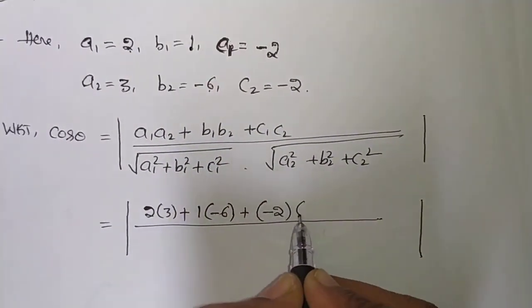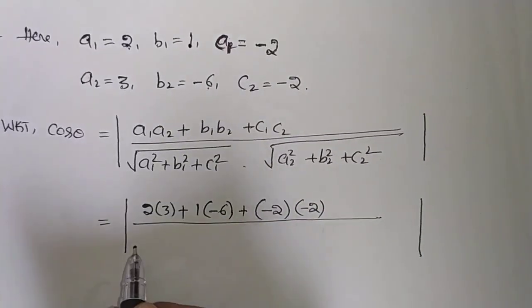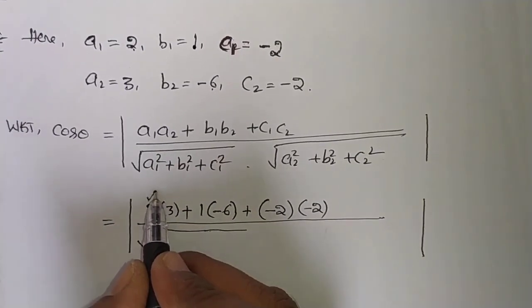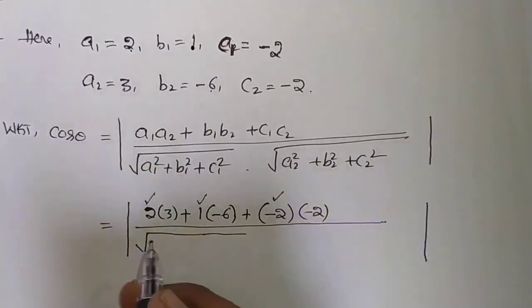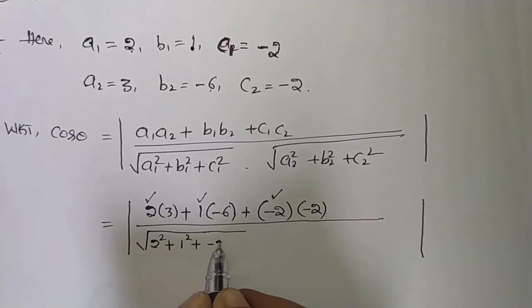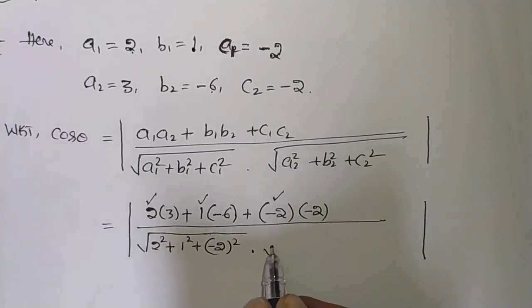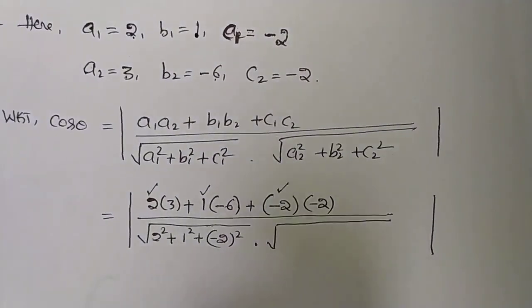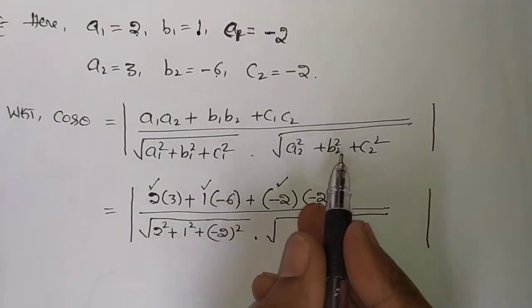Next, in the denominator, square root of 2 square plus 1 square plus minus 2 whole square. Kindly do not confuse, I am just replacing the values of a1 b1 c1, a2 b2 c2.